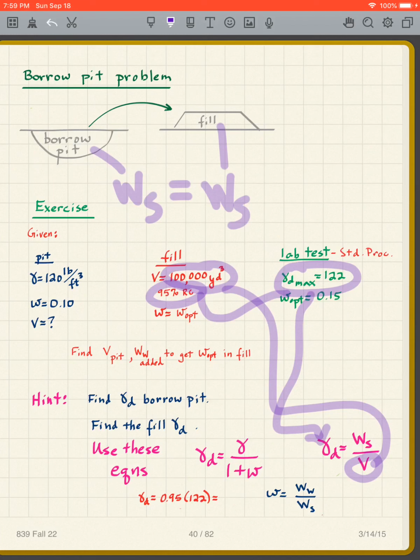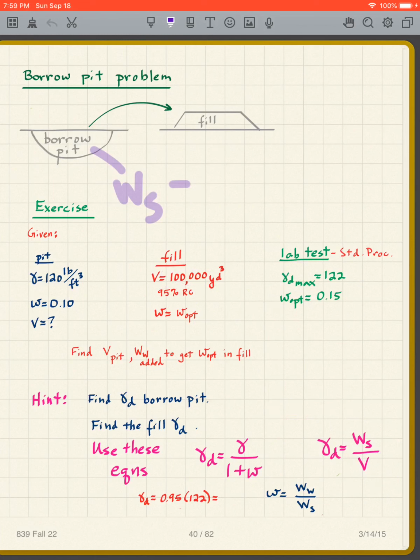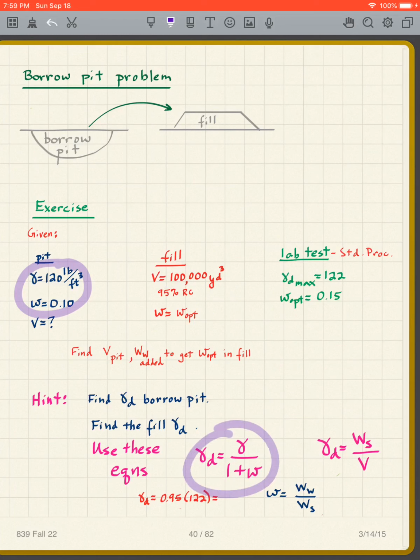So you're going to know two things in this expression, and you're going to solve for the weight of the solids that you need. Then what you're going to do is get the gamma D over here using this expression.